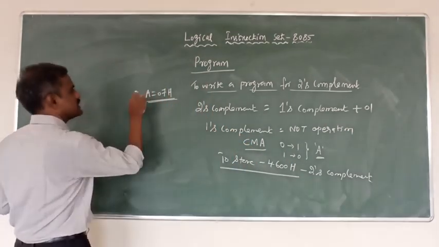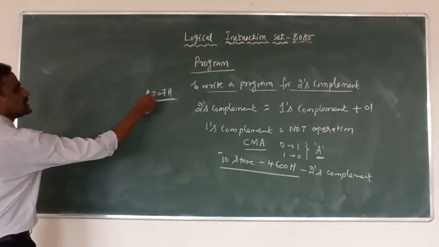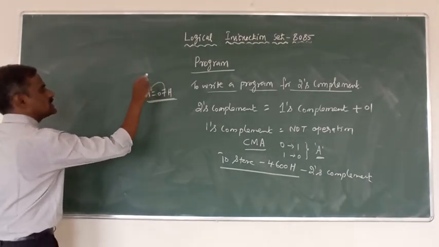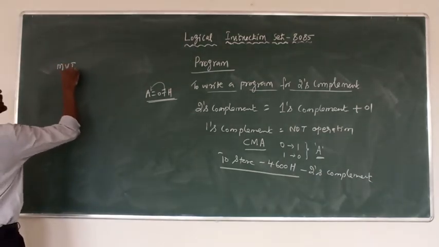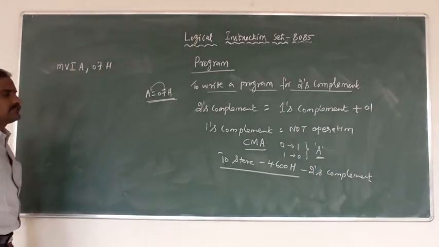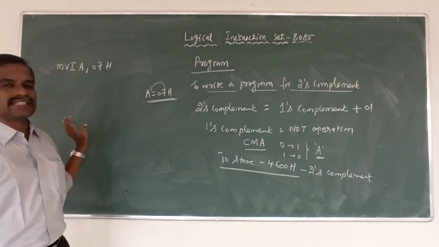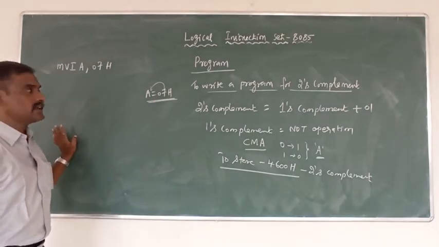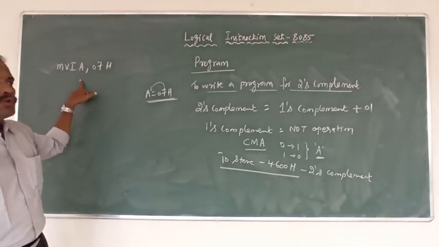First we have to initialize the A register with 07. How to move the 07 data immediately into the A register? For that we can use MVI A, 07H. This is the format to initialize the 07 data in the A register. Data will be moved immediately to the A register.